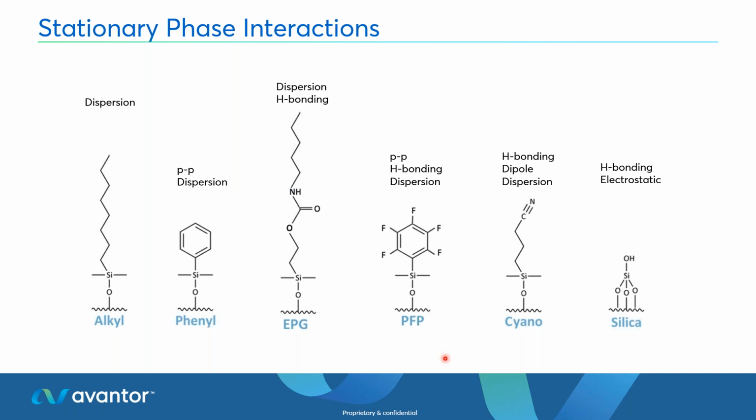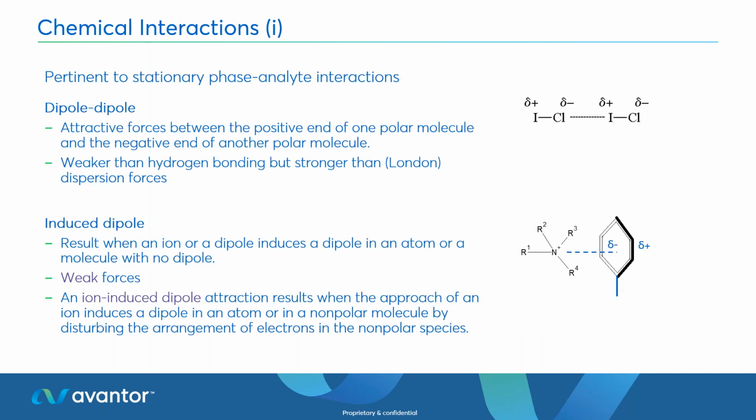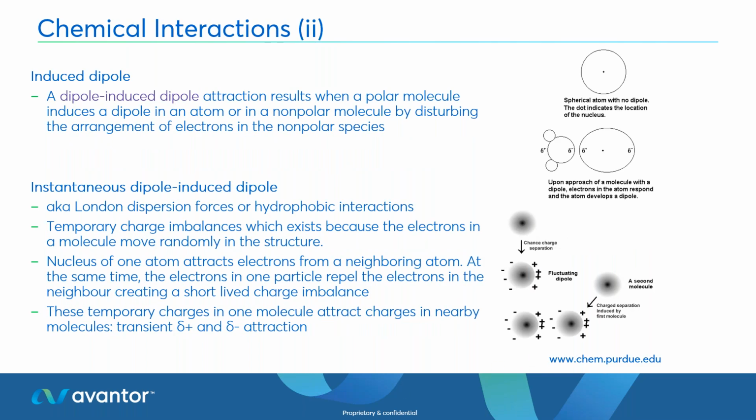surface. So when we're considering our method development, we need to think about all of those potential chemical interactions. How is my analyte going to retain? Does it have polar groups that could interact with the dipole? Does it have aromatic groups that could give us more pi-pi interactions?